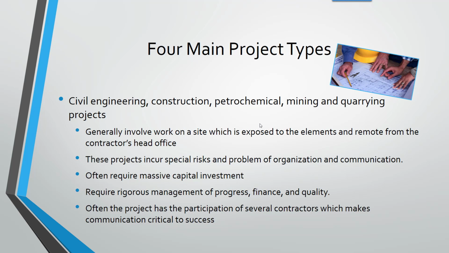So the work generally is on a site which is exposed to the outside elements. It's usually remote from the contractor's office. So there's external factors like the weather and those types of things that could affect these types of projects that maybe, in an IT project you wouldn't have, right? So there might be some specific things about these types of projects that are a little different.